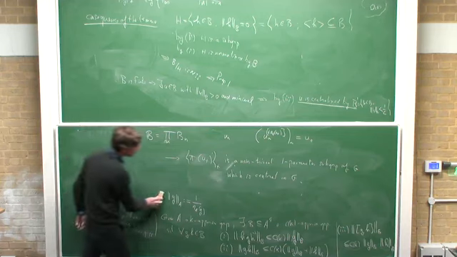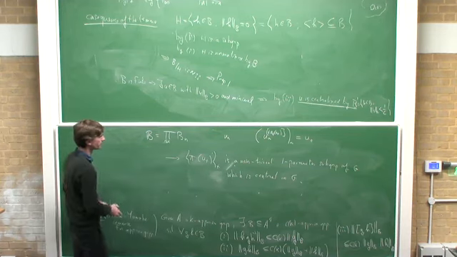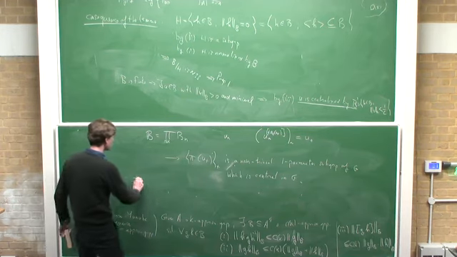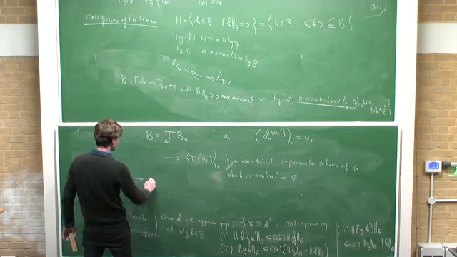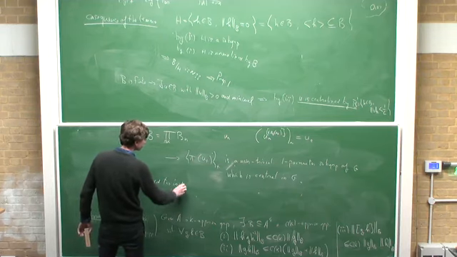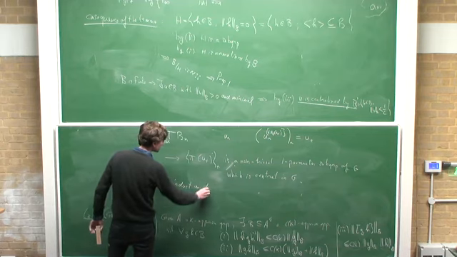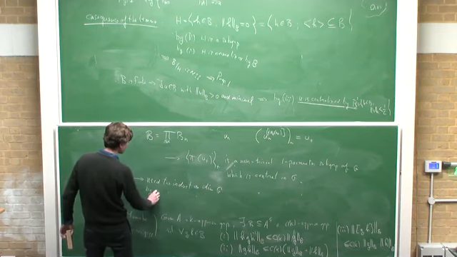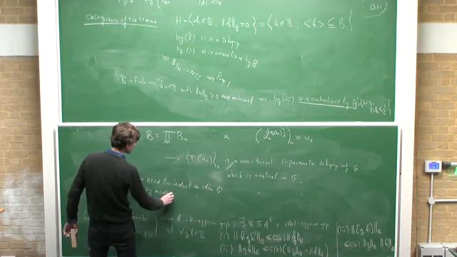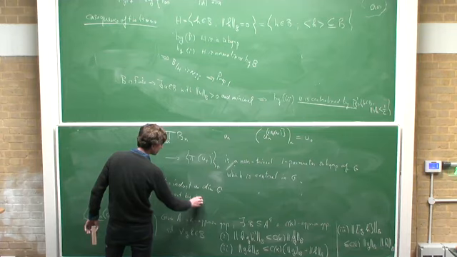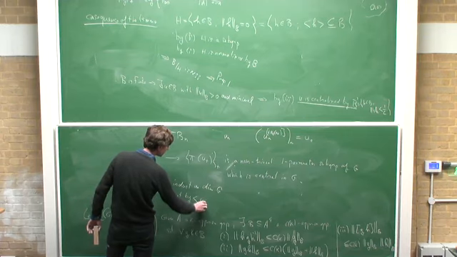Okay, and then from this point on, you apply an induction. So the idea is then to induct on the dimension of G by modding out by the group generated by this one-parameter subgroup.